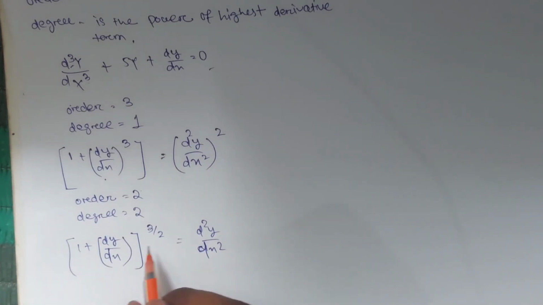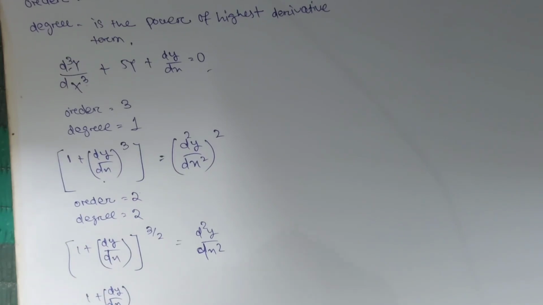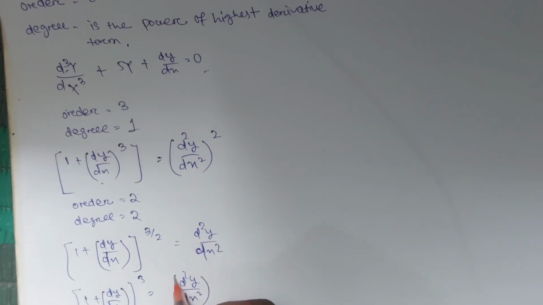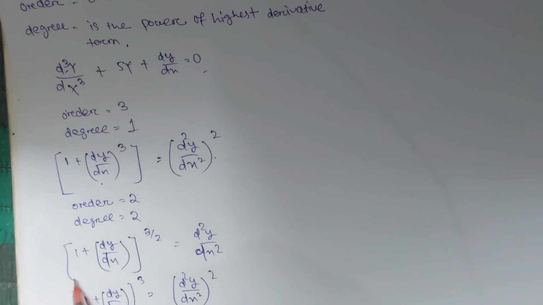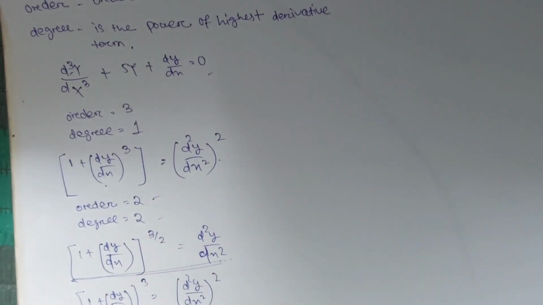So we have to square both sides. Then the equation forms like this: dy by dx whole cube equals d square y by dx square. It is the same expression as we did. So this differential equation has order 2 and degree also 2.